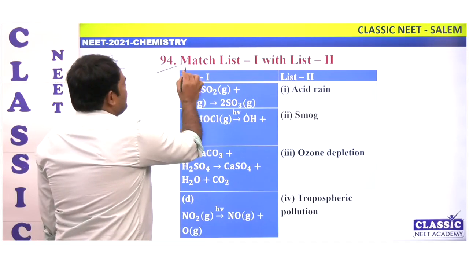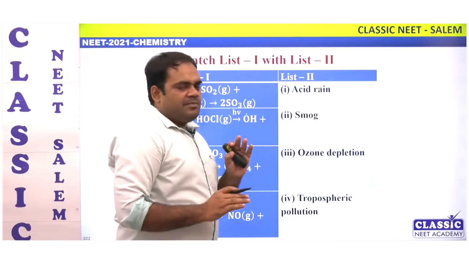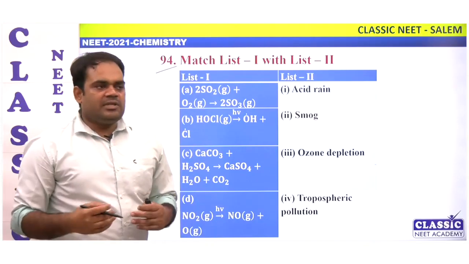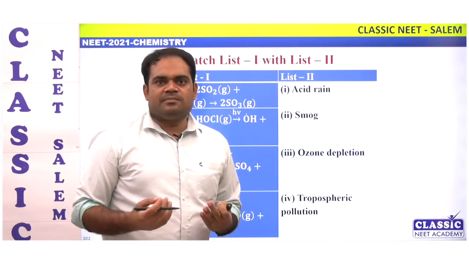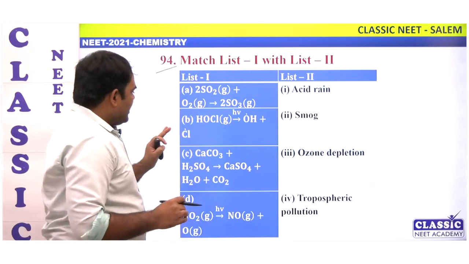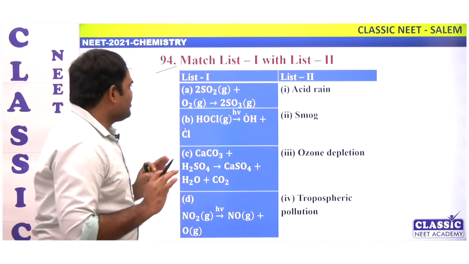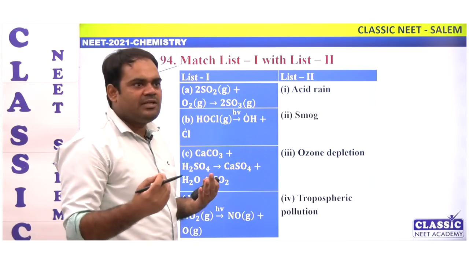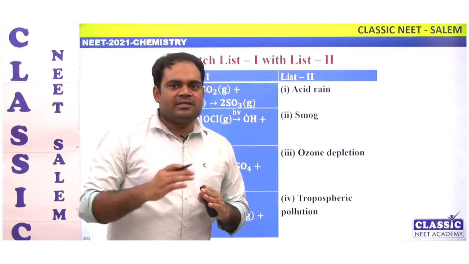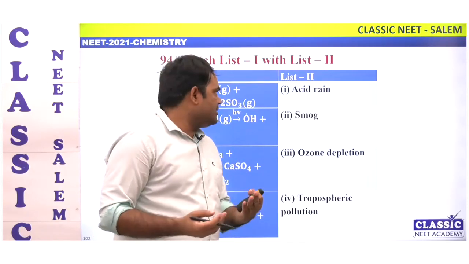In that he is asking to match list 1 with list 2. Look here, when such a type of question comes, sometimes students feel the problem here, because all that thing is not present in our mind. So we have to select the one we know with proper confidence. So acid rain, easily you can say that in acid rain, the marble present is going to react with the sulfuric acid, and by that the marble quality is damaged.